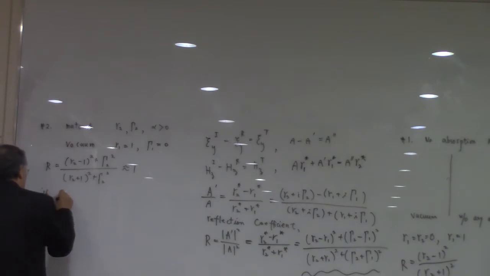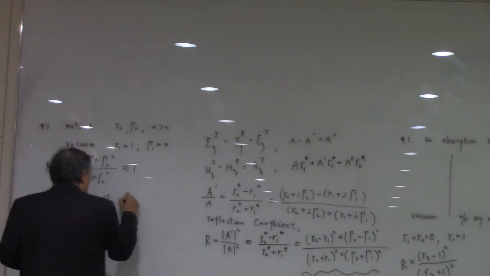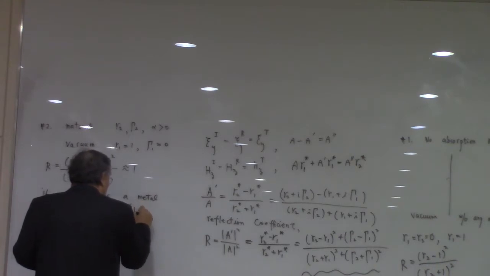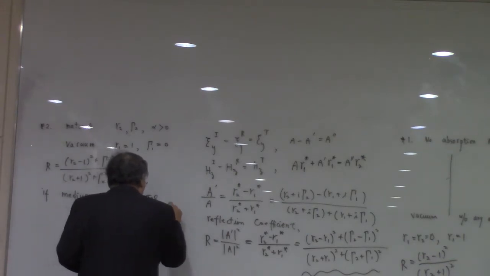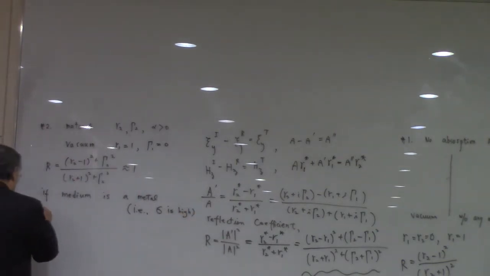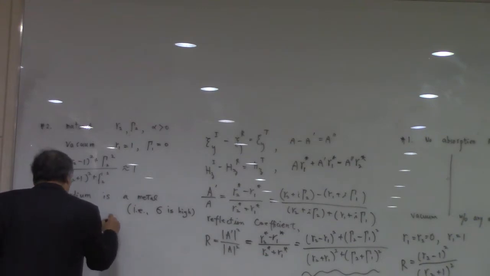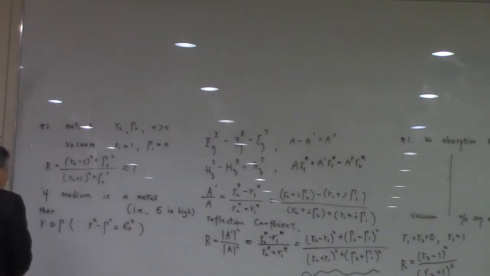If the medium is a metal, which means the conductivity is very high, then R is almost the same as gamma, because R2 square minus gamma square is going to be the dielectric constant, right?